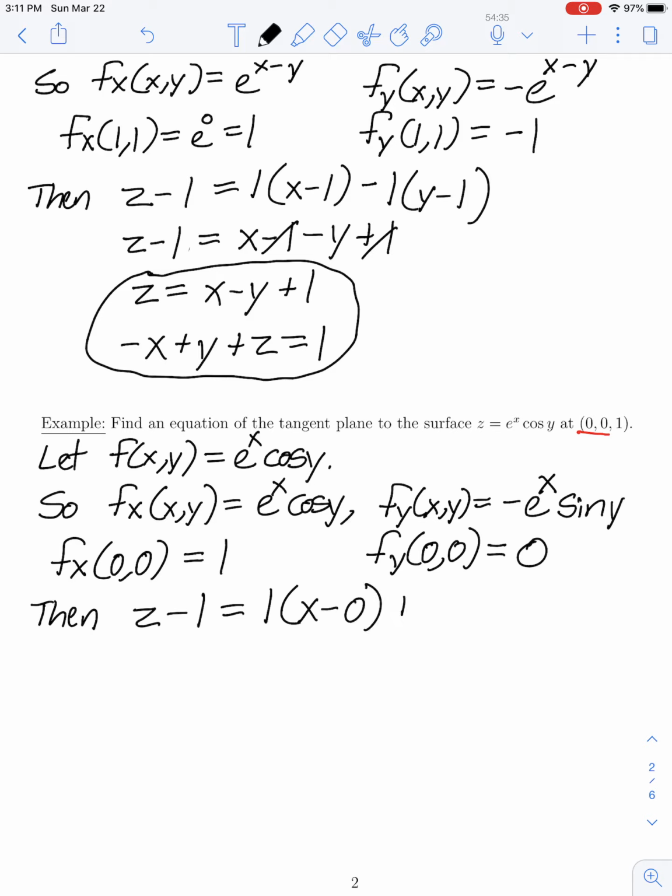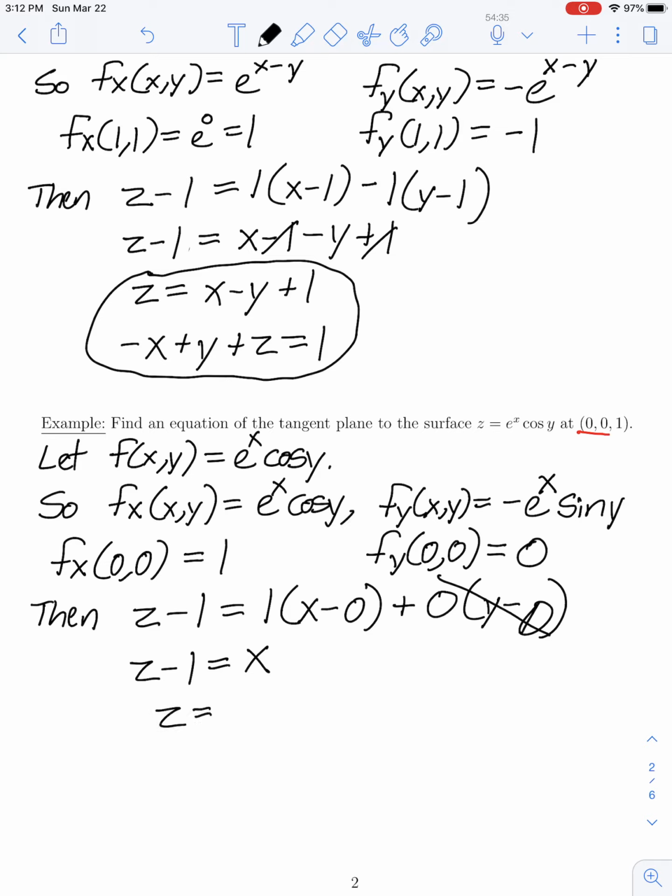Plus the partial derivative of f with respect to y, which we found to be 0, times y minus y naught, which was 0. So this last term disappears altogether since our partial derivative of f with respect to y was 0, and we're left with simply z minus 1 is equal to x.